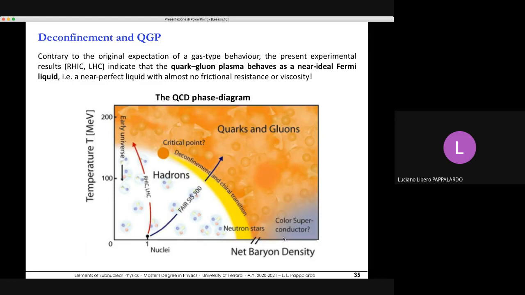And then there is an even more extreme behavior of QCD, that is the color superconductor regime, which is predicted theoretically, but not yet confirmed, of course. It applies in the region of low temperature but very high densities. The densities in this region are such that the quark-quark pairs can collapse into a boson-like object.